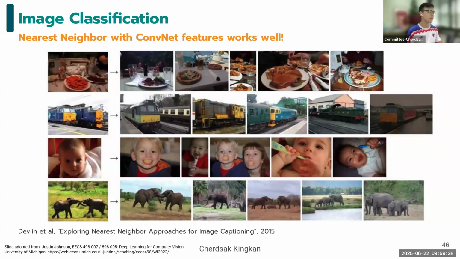Any questions about k-nearest neighbors or the nearest neighbor classifier before we move on to the linear classifier? So, in the pictures, we have many items to do the classification.